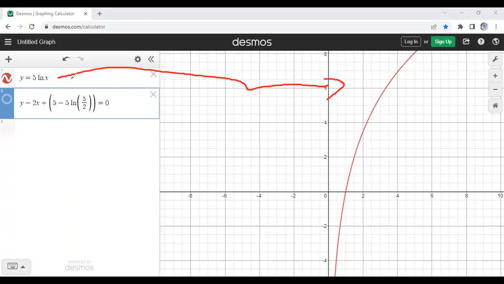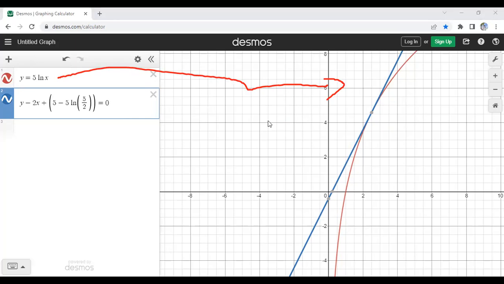So i-graph natin yung equation ng tangent line natin. Okay? So here we can see that we have the curve and the tangent line to our curve. Okay? So this is just to check if yung na-create nating equation ay tangent niya to a 1 point sa ating curve.